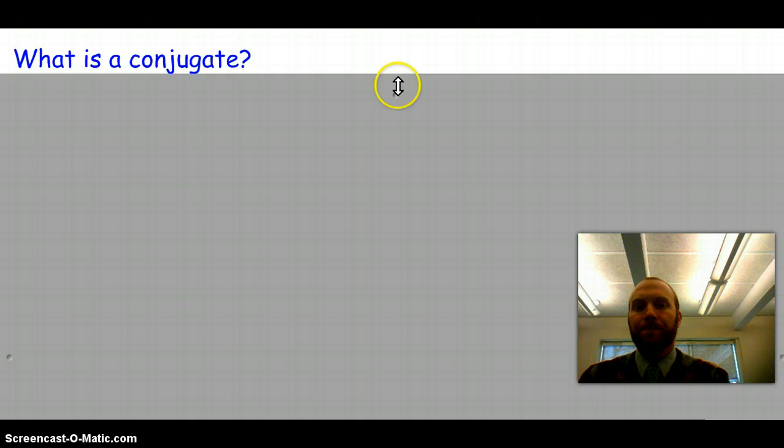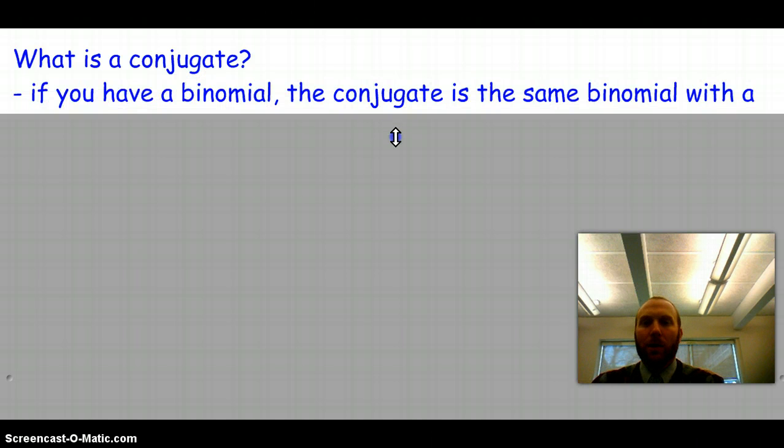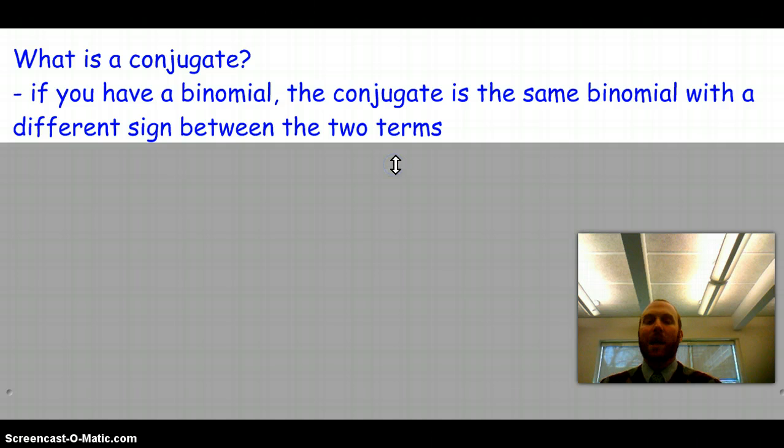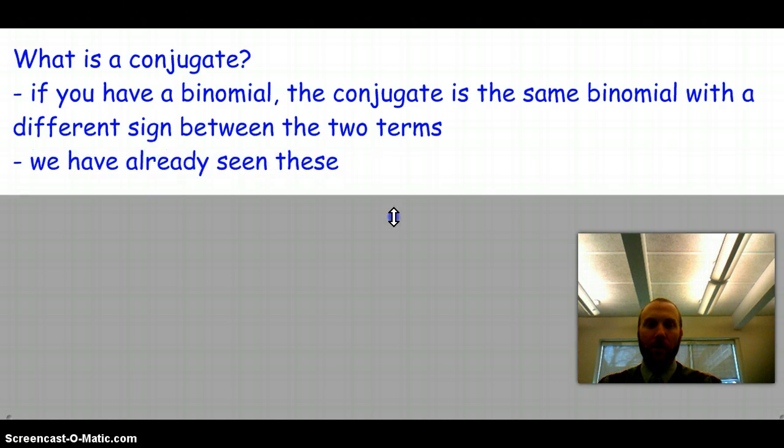What is a conjugate? If you have a binomial, the conjugate is the exact same binomial with a different sign between the two terms. So you can picture yourself having a binomial, a two-term expression, and the conjugate is that exact same binomial, except it's got a different sign.